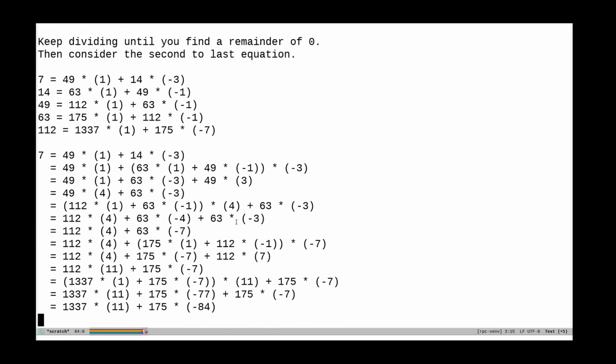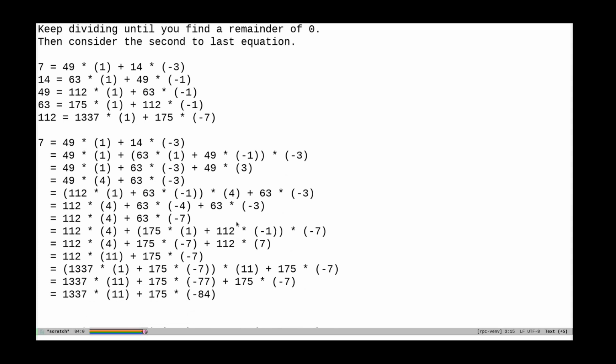Now, you have to be careful. When you do the substitution, always write the numbers in the form of one of the remainders times something in parentheses, so you don't mix up and you know the factors. Because when you substitute, you can always group them together, and this simplifies the computation.